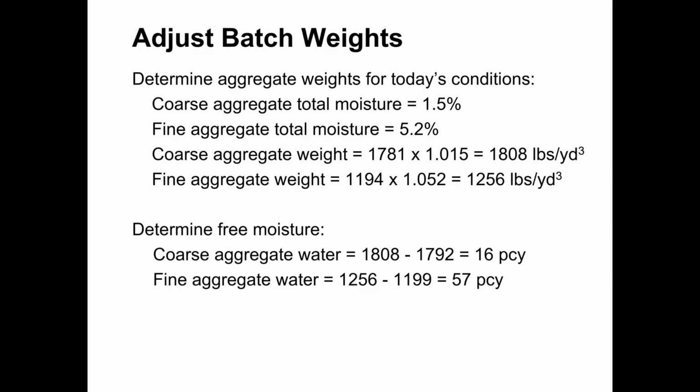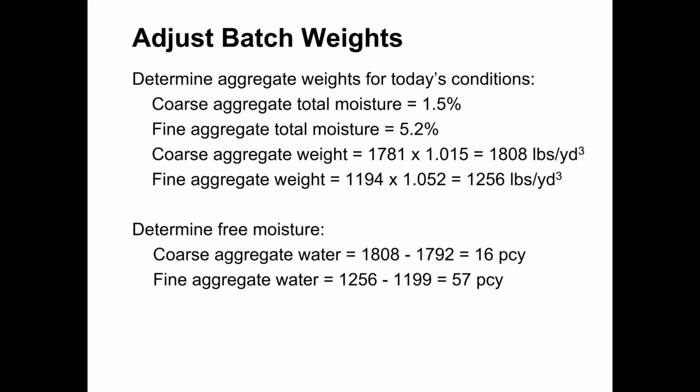So in this way, we're accounting for both the absorption and the free moisture because we're multiplying by the total moisture. Same calculation for the fine aggregate. We have a total moisture of 5.2%, and so that calculates out to 1,256 pounds per cubic yard of sand.